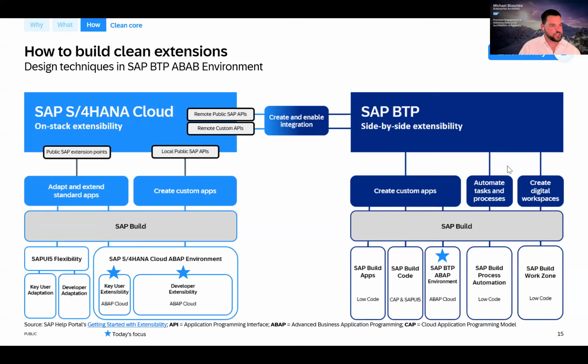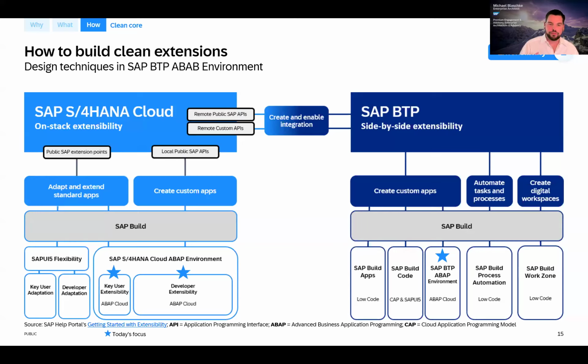So with that, we switch to our third blue star. That is, we remain in the ABAP cloud environment from our architectural perspective, but move to side-by-side extensions. So for side-by-side extensibility on SAP BTP, SAP Build offers also comprehensive options across multiple domains.